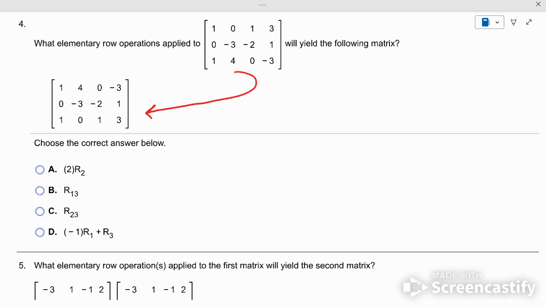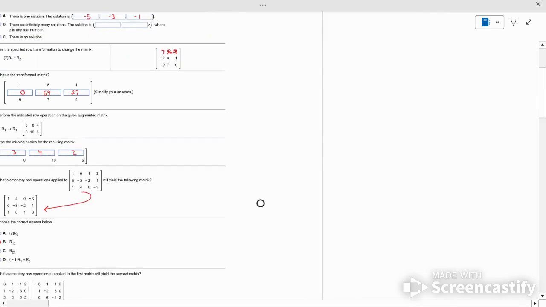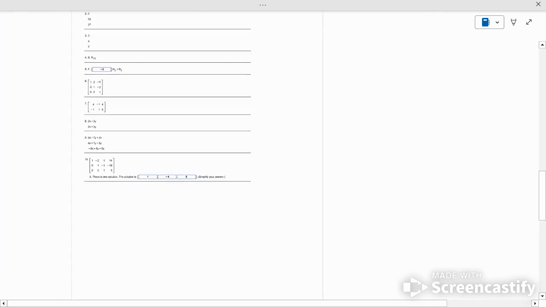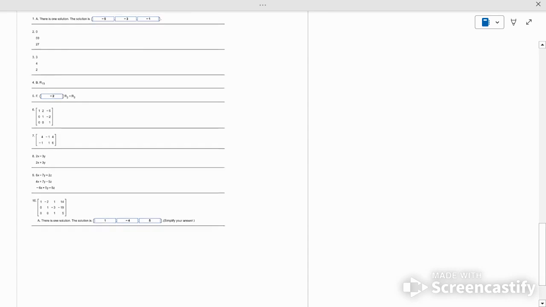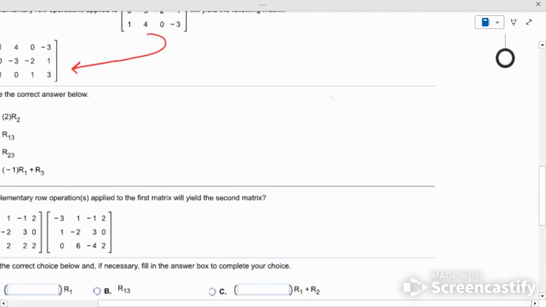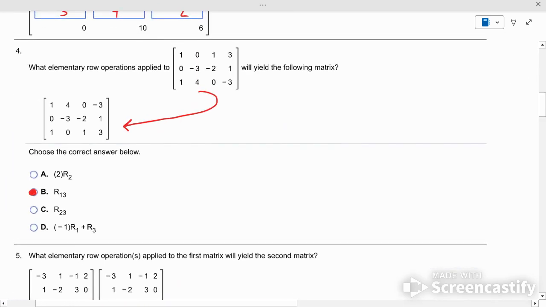Are we multiplying anything by row 1? No. So we're just switching those two around. So when we switch those two around, I think it's choice B. We flip 1 for 3. I think the answer is B for number 4. We'll look. Number 4 is 1. It is B. So what this means is we're just flip-flopping rows 1 and 4 around.